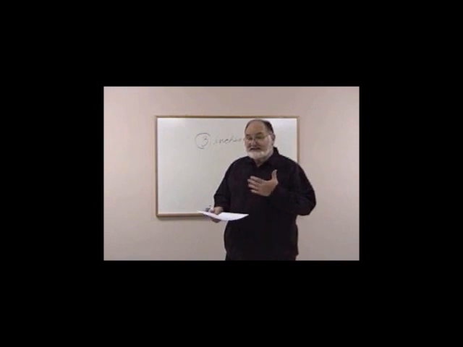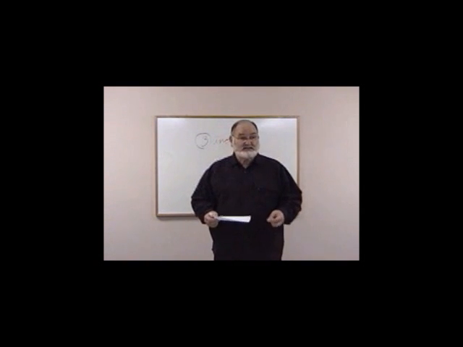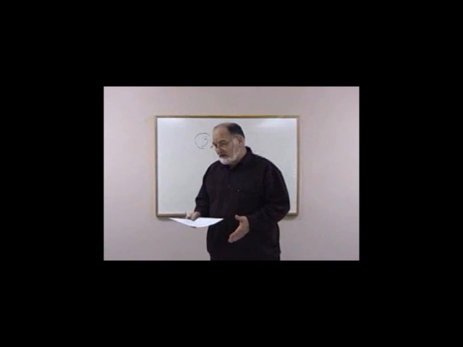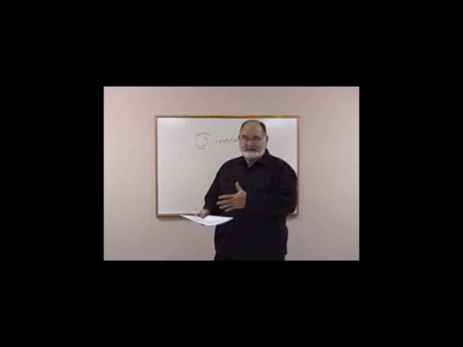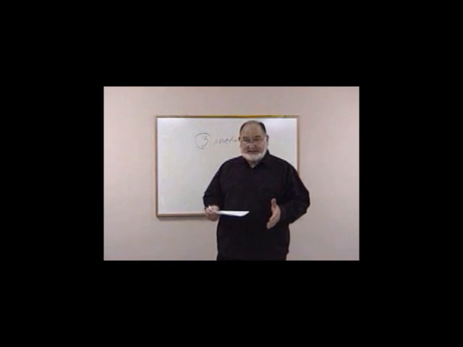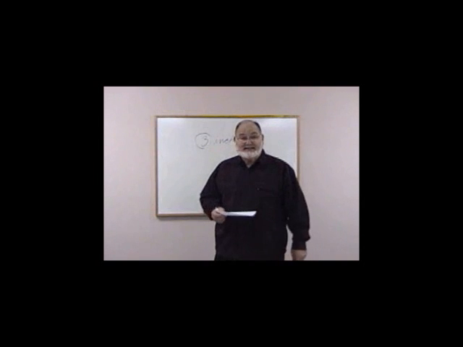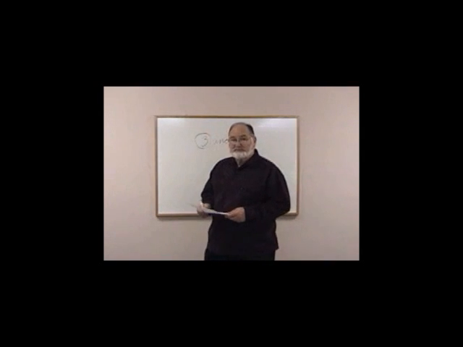A numerator is that which enumerates or tells how many, sometimes tells in what order. If it says the third person, third would be the numerator, telling what order it's in, and person is the denominator.